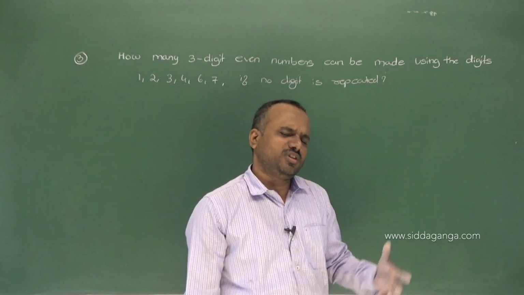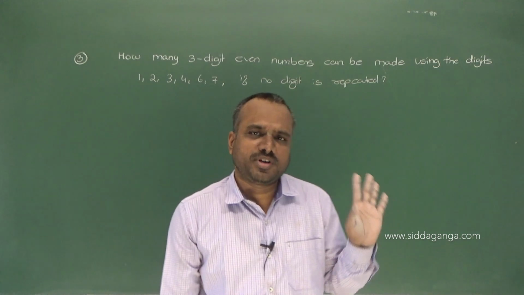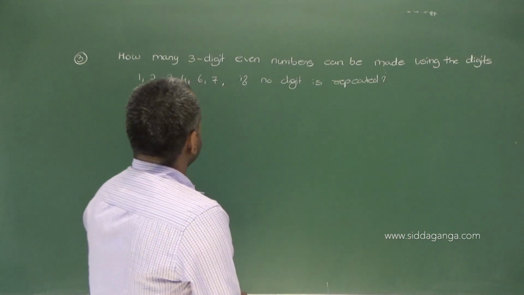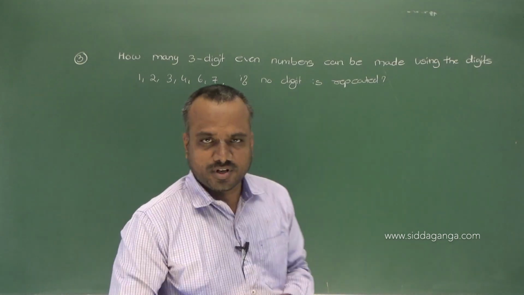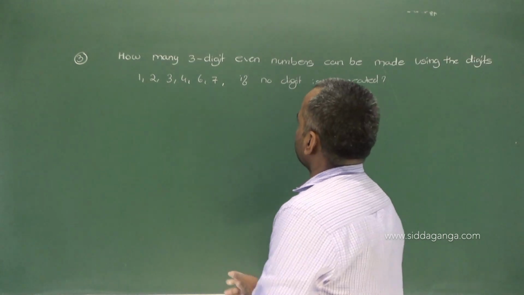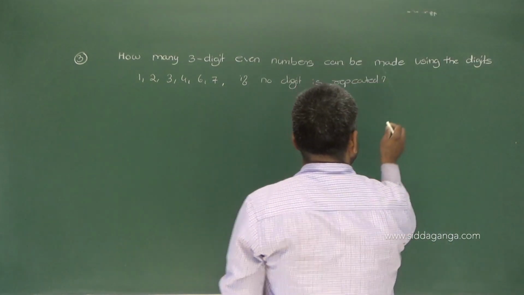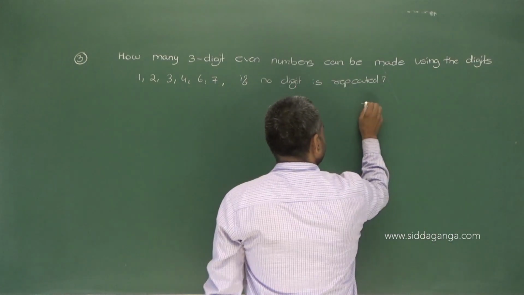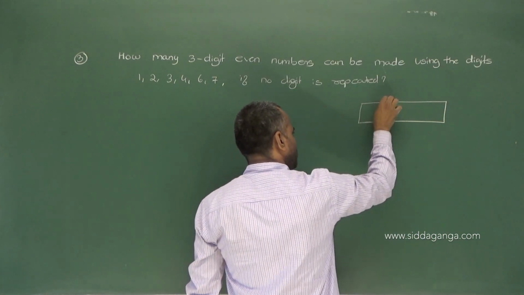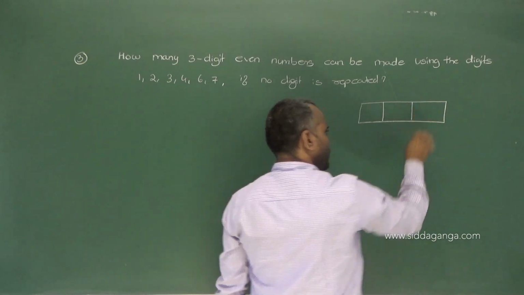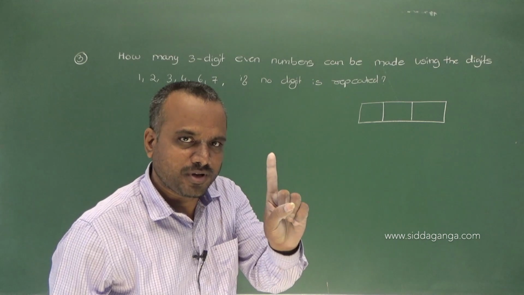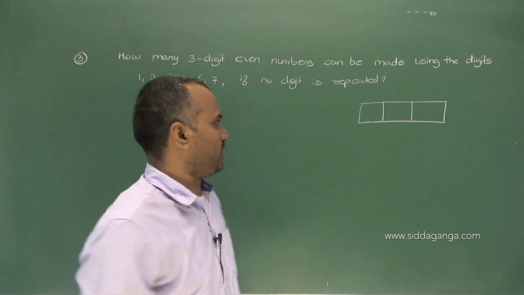We solved this same type of problem in the fundamental principle of counting, so directly I solve it using the permutation concept. For a 3-digit even number, the unit place must be an even number only.